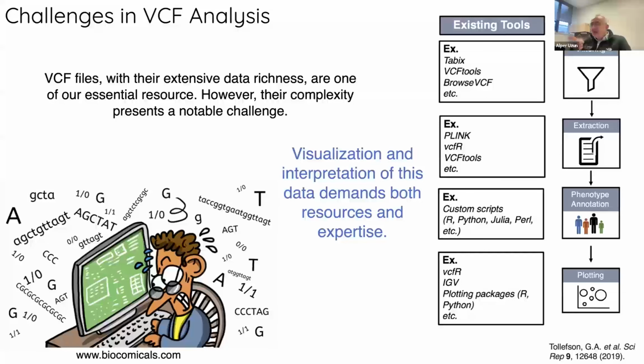By the way, I put this cartoon. Besides being a scientist, I'm a professional illustrator and cartoonist. If you go to Biocomicals, you will see a bunch of biology and medicine related cartoons. I'm reflecting our daily lives in those cartoons. If I go back to those steps again, you will see different tools, different options, and different steps, and you are dealing with a huge complex data set.